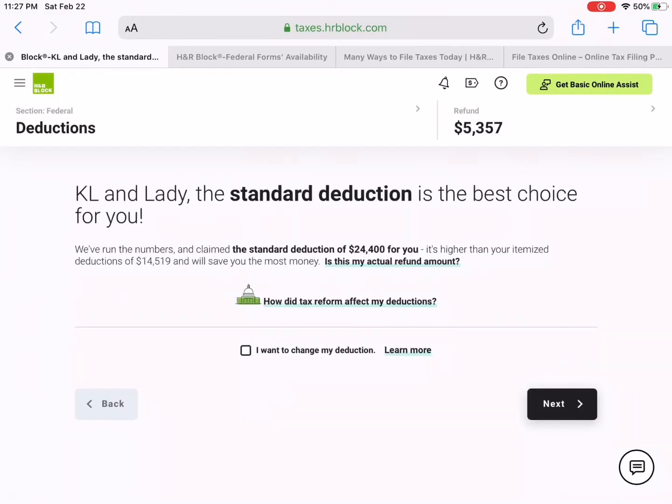If I can look, the standard deduction is best for you, which is $24,400, that's great. But had I had enough itemized deductions in order to itemize instead of get the standard deduction, I would have had to start paying. The itemized deduction is not part of the free version of this software.